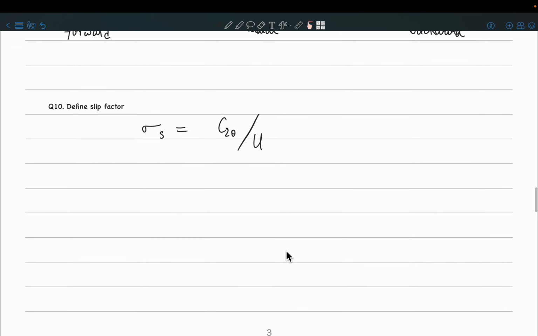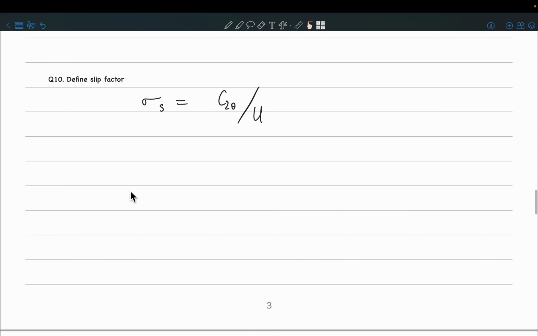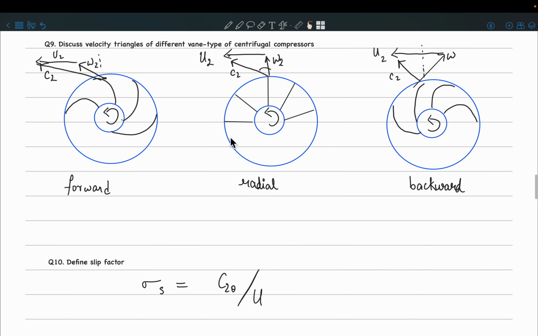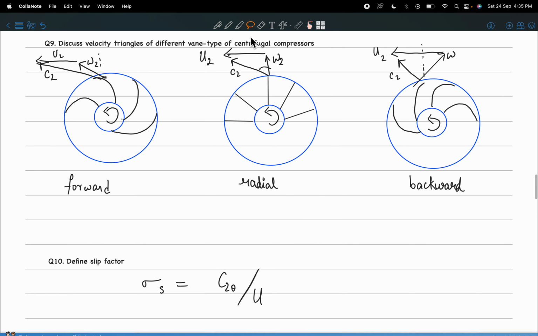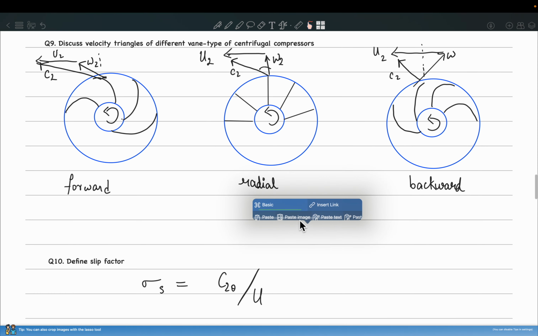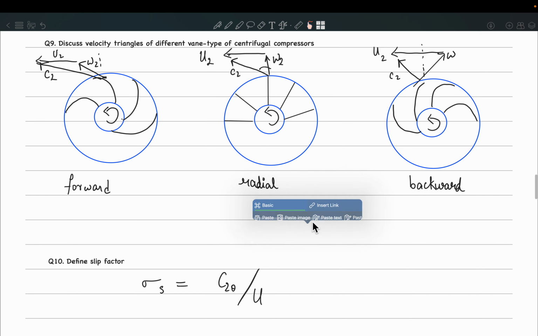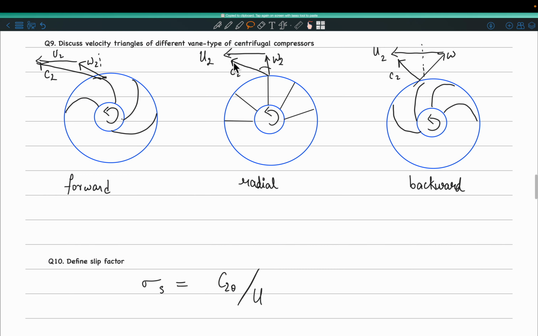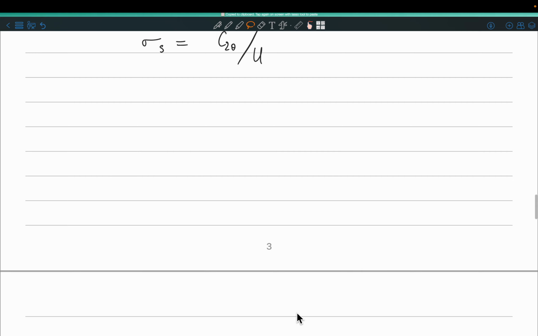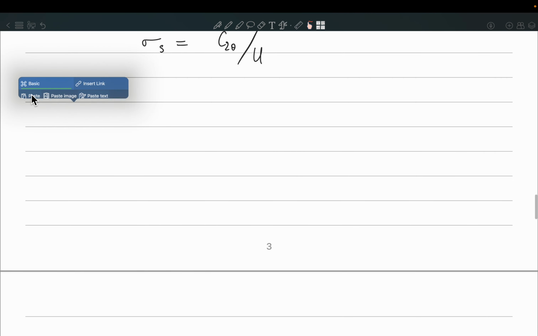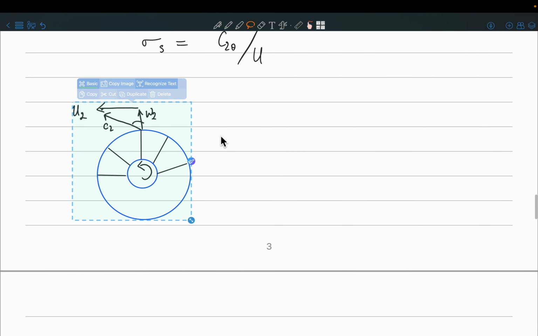Okay, so now ideally, let me just copy paste this figure. This is the ideal situation.